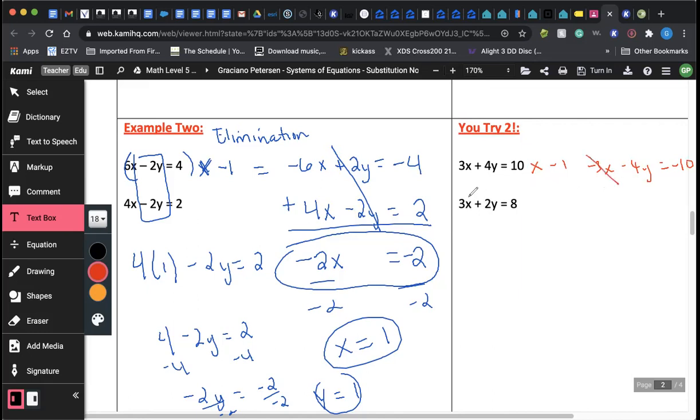The 3x zeroes out. Good. Then you get -2y equals -2. Good. Then you divide -2y by -2, and then you divide -2 by -2, which gives you a +1. Okay, great.